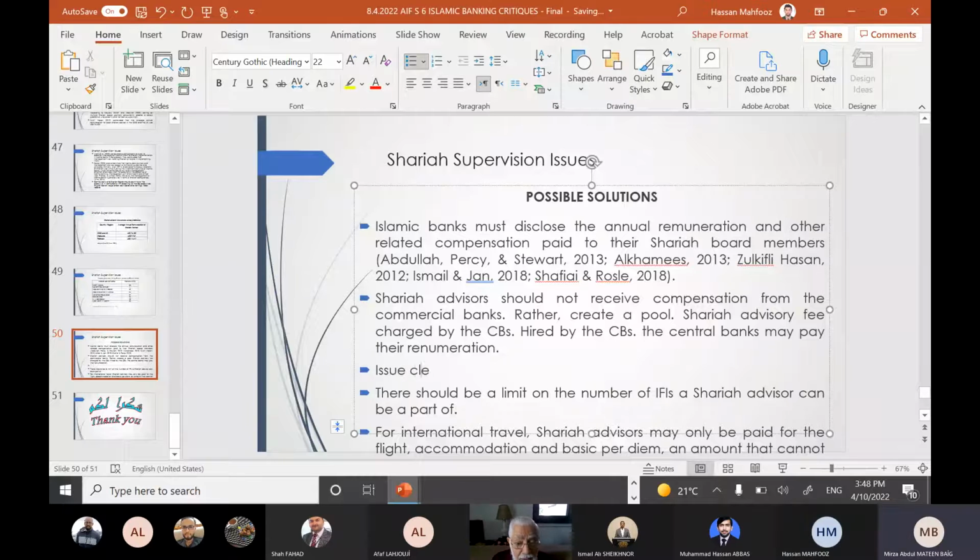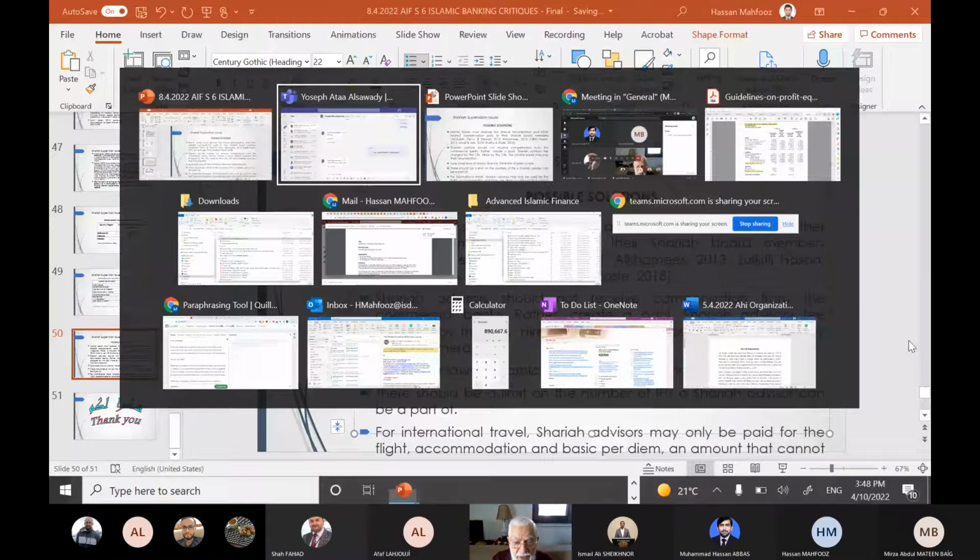There is also, Professor, a very restrictive fit and proper criteria for Sharia board members. Is it applicable in other countries also? In many countries they are now adding that, like Malaysia and Nigeria, yes, that a Sharia board member should be a graduate of a Sharia school.